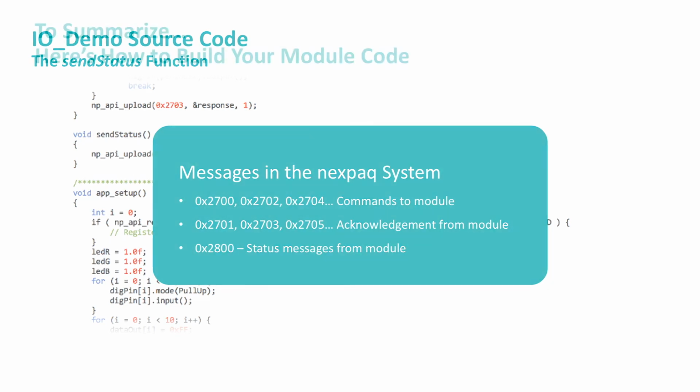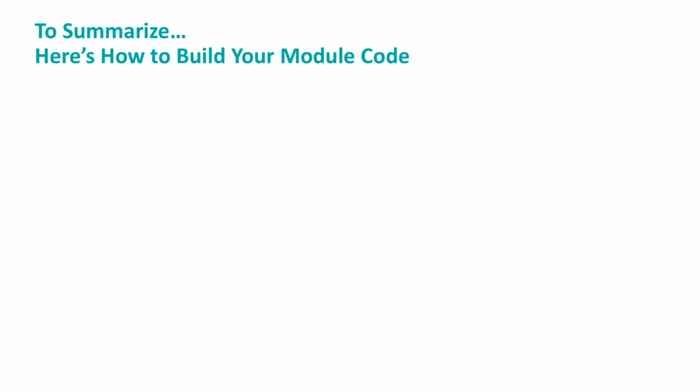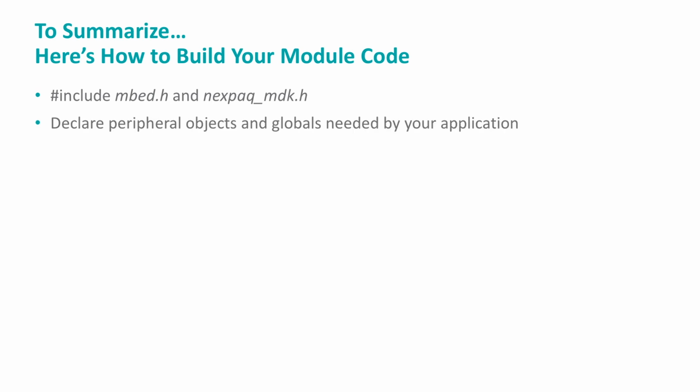Let's summarize then how you build the module code. Start your code file by including the Embed and nexpaq libraries. Using Embed objects, declare the peripherals you'll need for your project, and declare any global constants that you know you'll be needing. And now for each message type you expect to receive from the smartphone, write a function to deal with those messages.